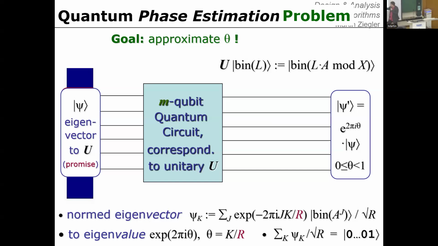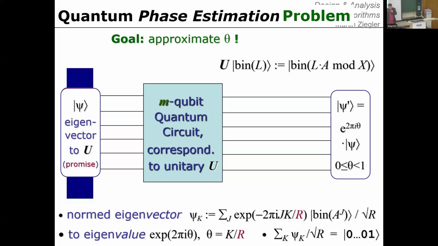Prepare this, apply our solution quantum circuit, and what will be the result? A superposition of these eigenvalues. All of them. Like Schrödinger's cat, but not just in 2, but in 2 to the m possible states. And then we perform a measurement, and the state will collapse to one of these.